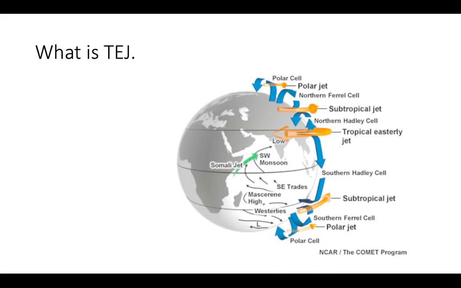Now this jet stream develops where air masses of different temperature meet. Here we can see that we have different cells: this is the polar cell, this is the Ferrel cell, and in between them there is a jet stream. Here we have the Hadley cell and the Ferrel cell, and in between them we have the subtropical jet stream. So it always forms where air masses of different temperature meet.